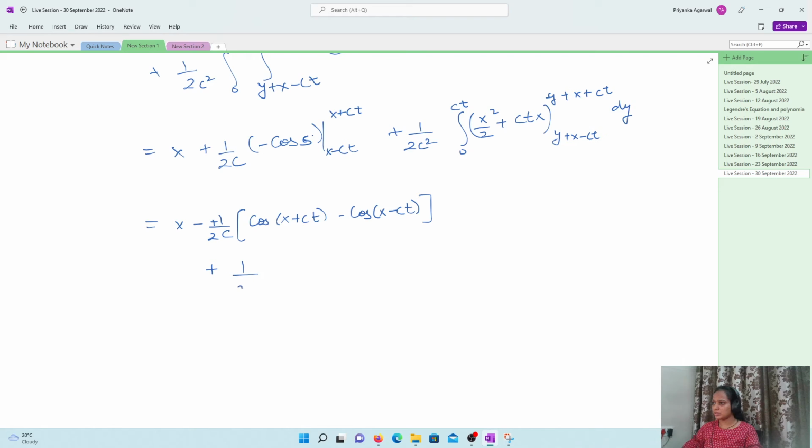Plus 1 by 2c square integral 0 to ct. Then what does this become? We have to substitute the limits into x square by 2 plus ctx.